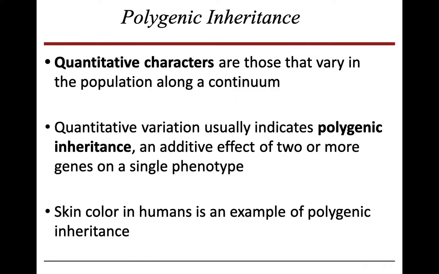And we can also consider quantitative characters. Quantitative characters are those that vary in a population along a spectrum, and this generally is based off the fact that there's polygenic inheritance going on. There are more than one allele coding for the physical expression that we see.